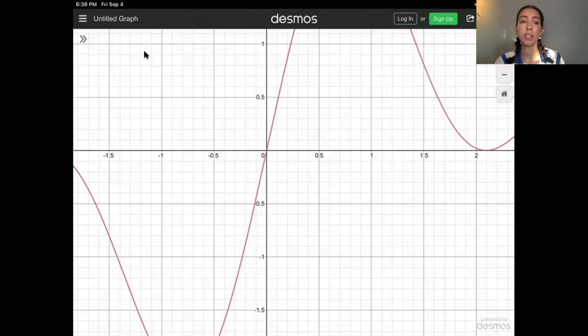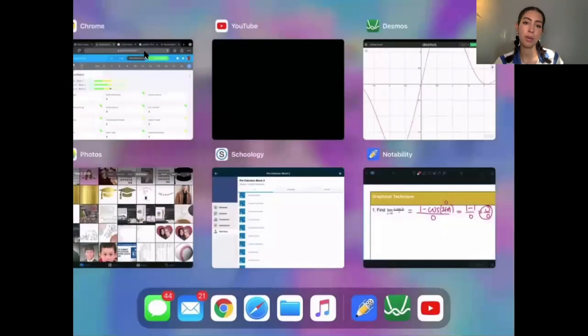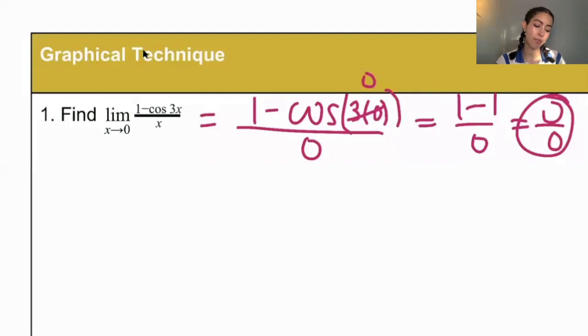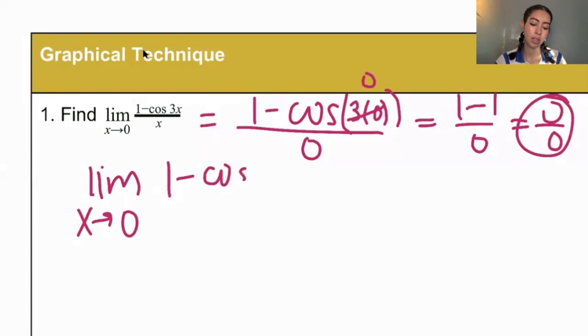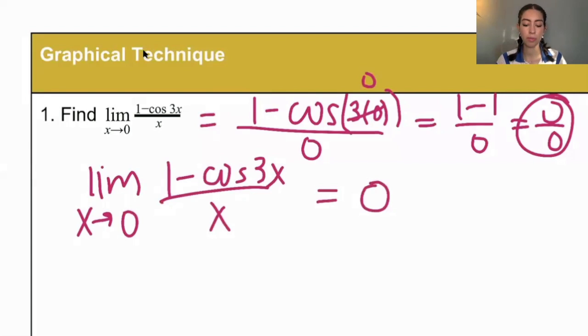And that's all there is to it. Sometimes you just gotta graph it out and check to see what's going on graphically. So we know that the limit as x approaches 0 of 1 minus cosine 3x over x is equal to 0.